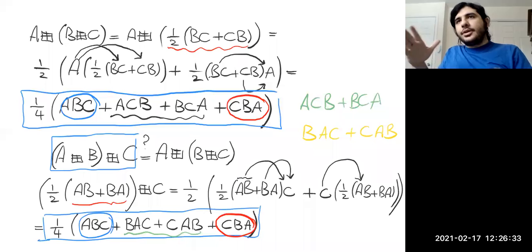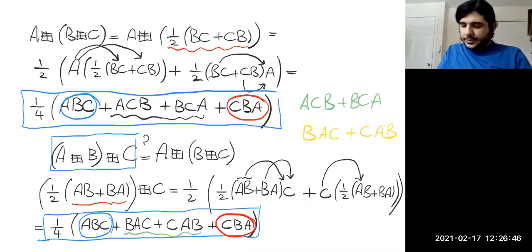As you know, matrix multiplication is not commutative. So in general, AB is not equal to BA. We can't change the order of the multiplication.